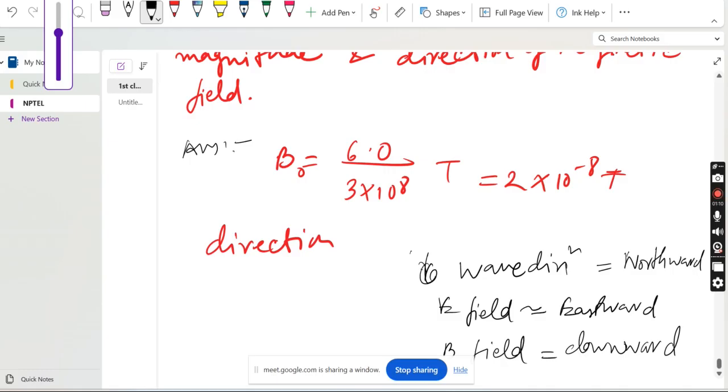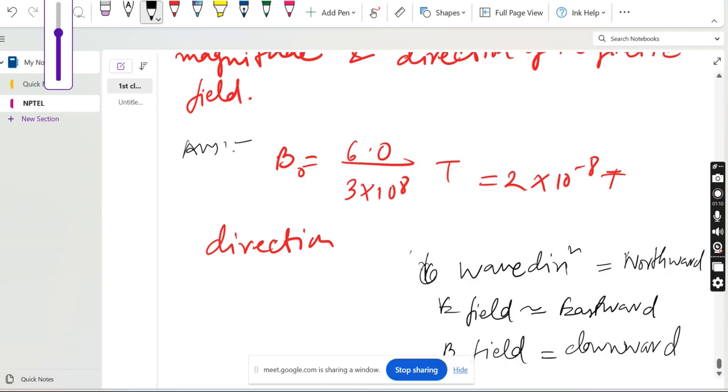When you check that with the right hand, you move the right hand from the E direction to the B direction, eastward to downward.